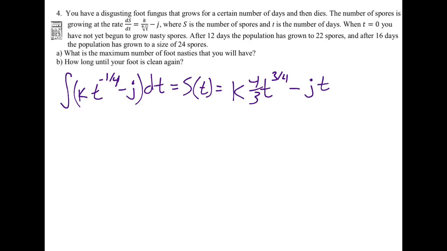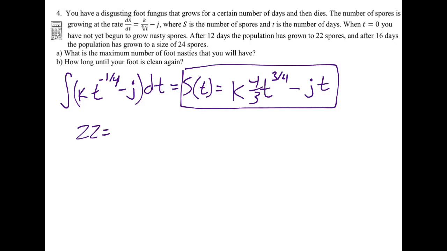And then I would have plus c, but I know that my constant of integration is 0 because there are 0 spores at time t equals 0. So c is 0. Now I have 2 points, so I need to plug in. I know that after 12 days, the number of spores is 22. So I get 22 equals k times 4/3 times 12 to the 3/4 minus j times 12.